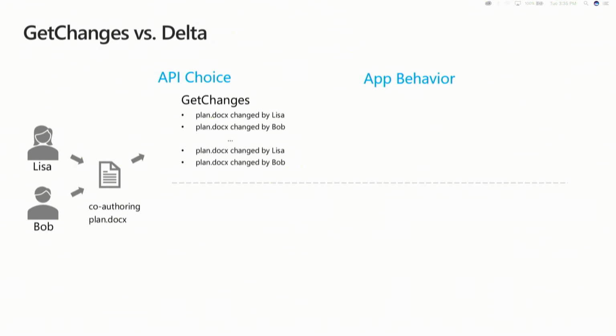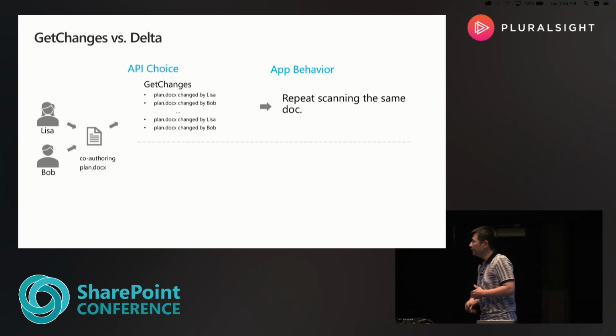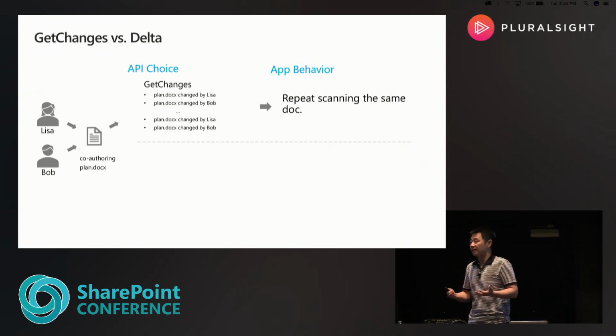Let's say the users are constantly editing the document; you will keep seeing the same document being changed by different users. If the application is not careful to consume these events and correlate them together to gather the changes for the same document once, it may end up doing a lot of work repeatedly for the same change. For instance, it can end up crawling the same document time and time again, but they all get the same document.